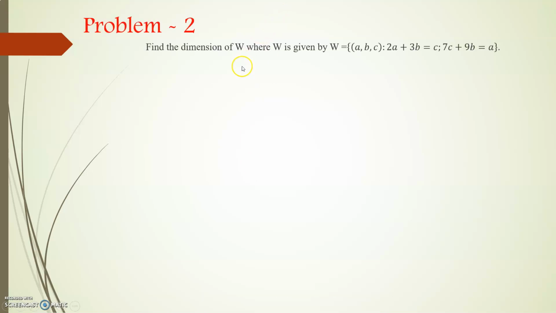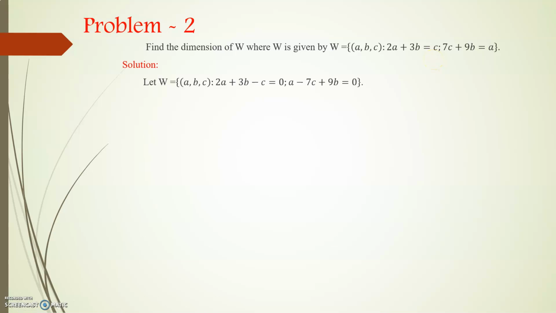Find the dimension of W, where W is given by W equals (a, b, c) such that 2a plus 3b equals c, and another one, 7c plus 9b equals a. So they are defining the equations.